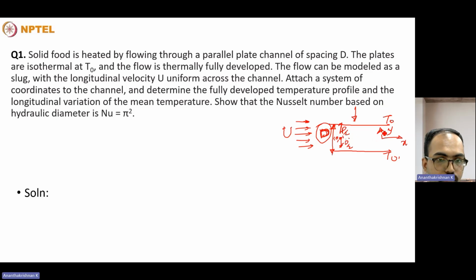For this case, we will start from the basics. So we assume a control volume where the heat flux is q double dash. We start from the basics, first step.